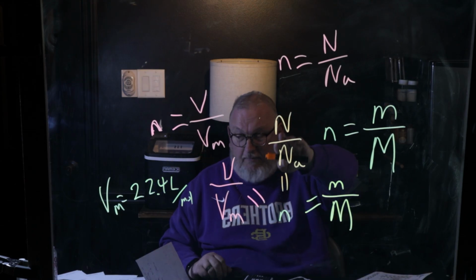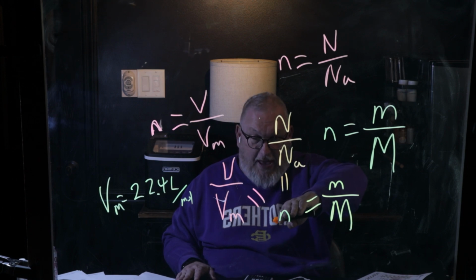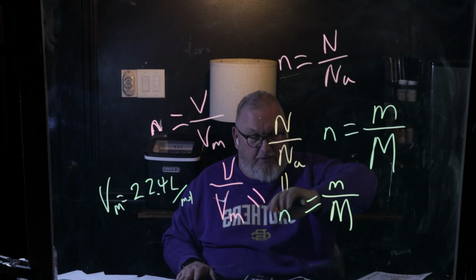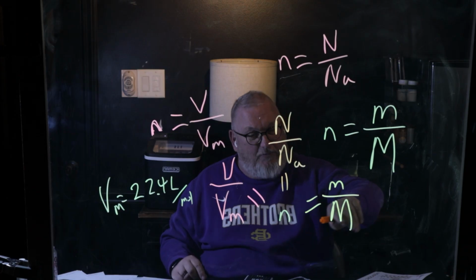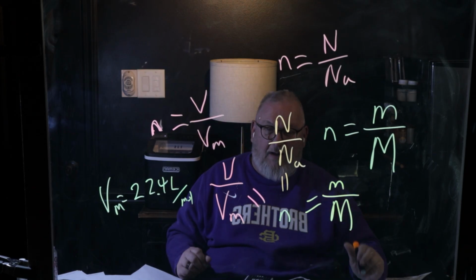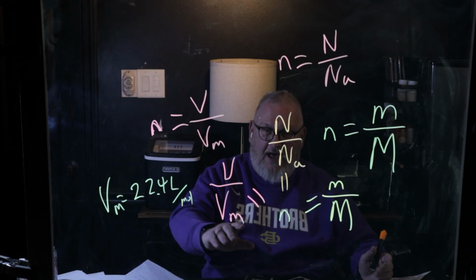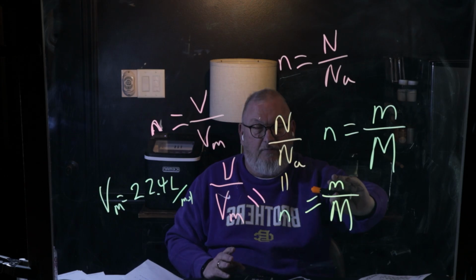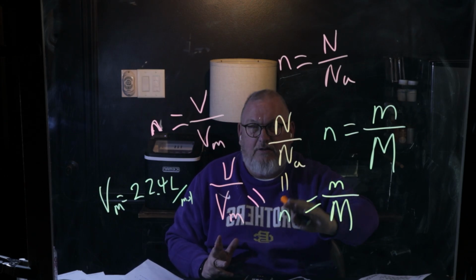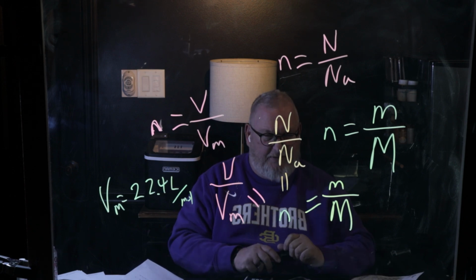If we need to find the sample mass, then we multiply the number of moles by the molar mass. So to find moles, divide. To find the individual particles, volume, mass, multiply. Whatever works for you, do it.